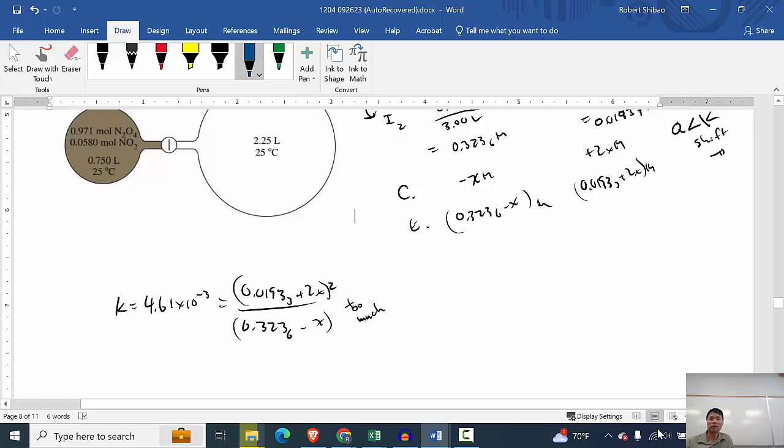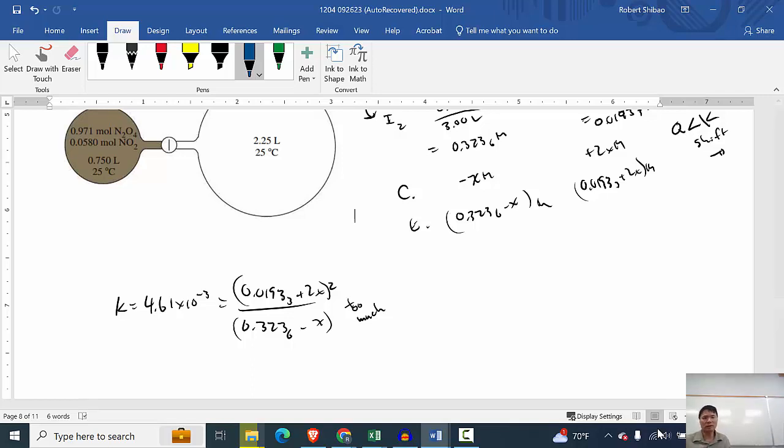You know, you could maybe do the simplifying assumption on the denominator. You wouldn't want to do it in the denominator in this case, because the initial, take a look at the initial in the numerator, it's much smaller than the initial in the denominator, even though the change is 2x versus the change of x up here. So you might try it in the numerator.